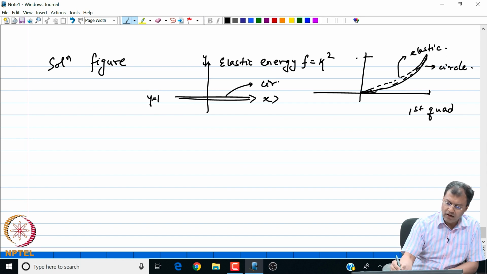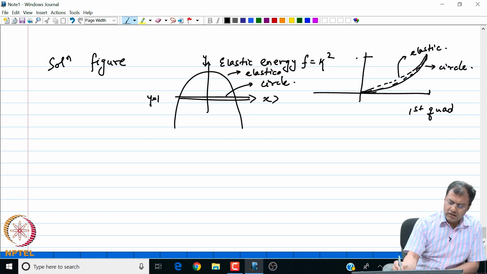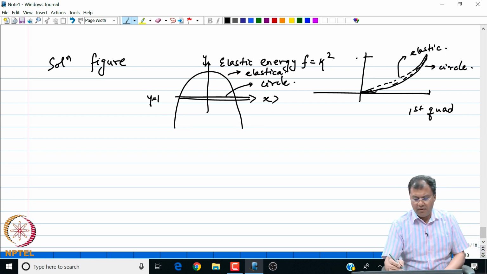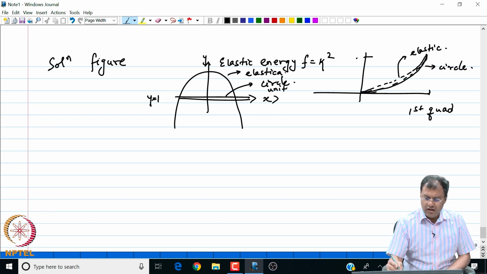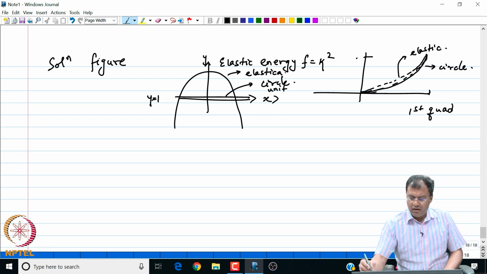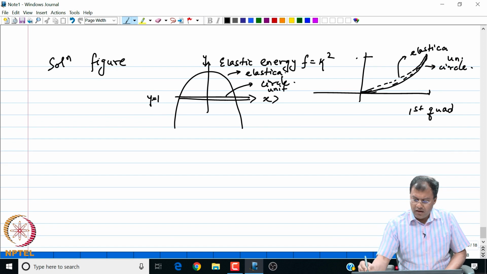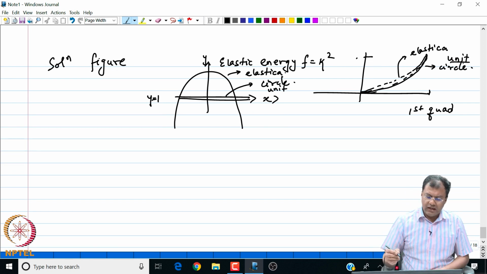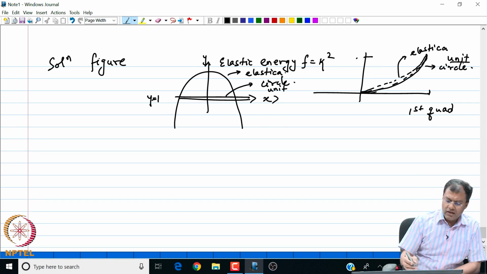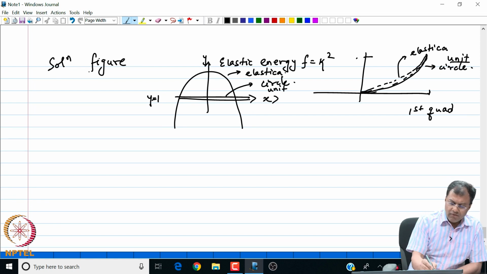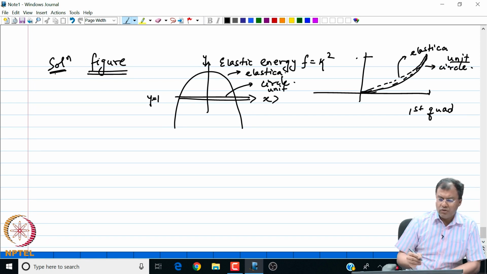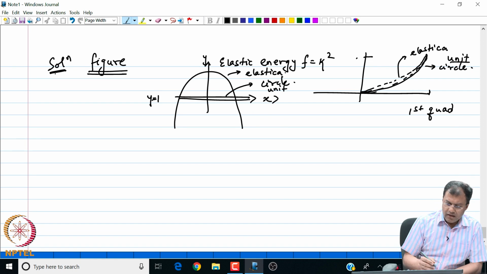So, this is for a circle, and for an elastica, this is purely a curve which is not parallel to the x axis, right. So, although the shape is very similar to the unit circle, my elastic energy paints a very different story, and hence the solution to this problem is non-trivial, right.